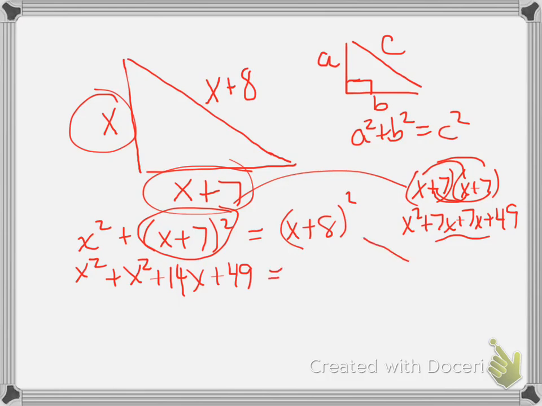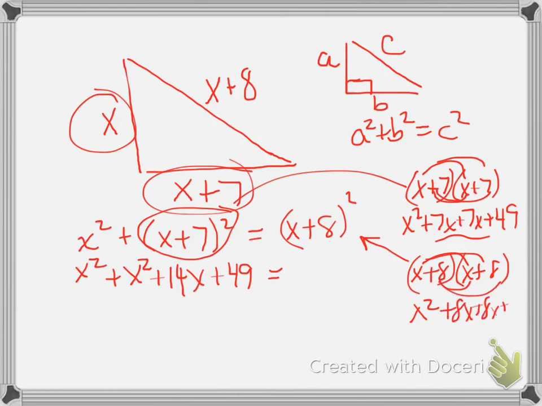Equals, if I take x plus 8 and square it, I would also have to FOIL it: x squared plus 8x plus another 8x plus 64. So that's going to give me x squared plus 16x, the 16 coming from 8 plus 8.